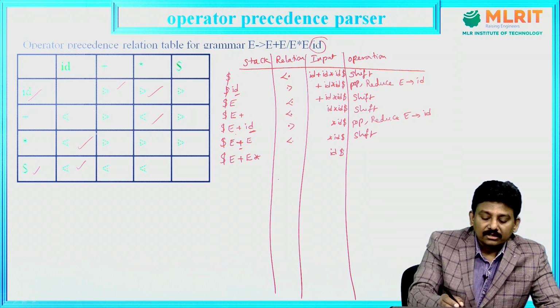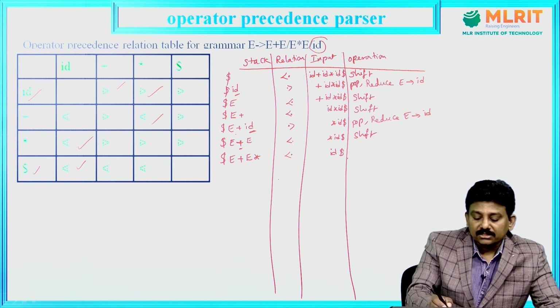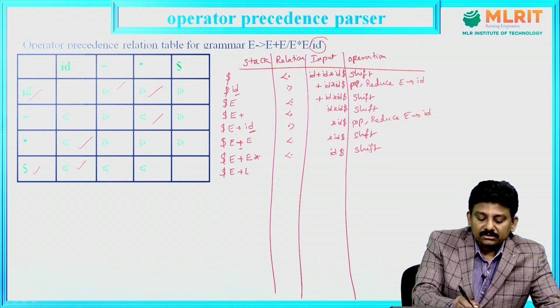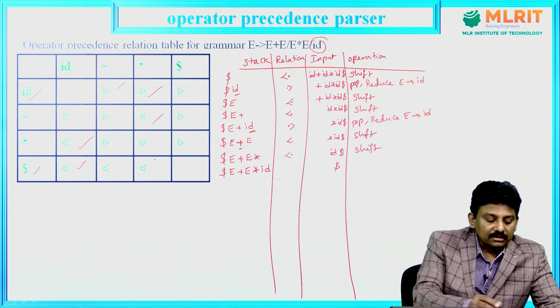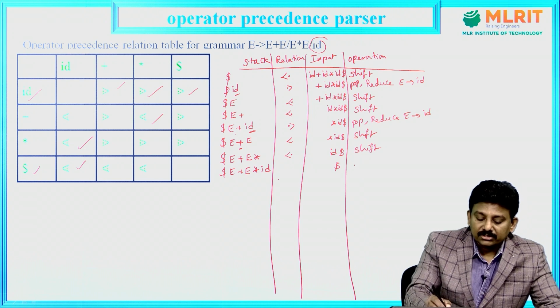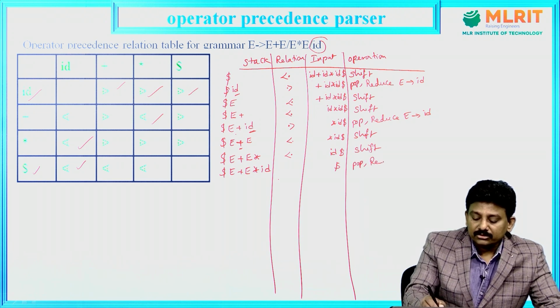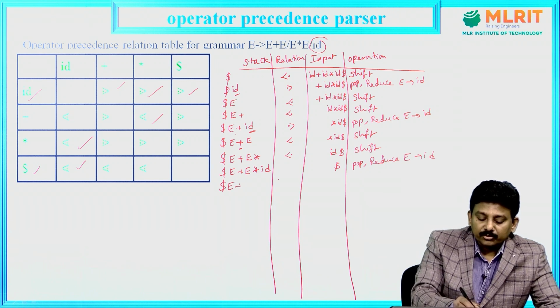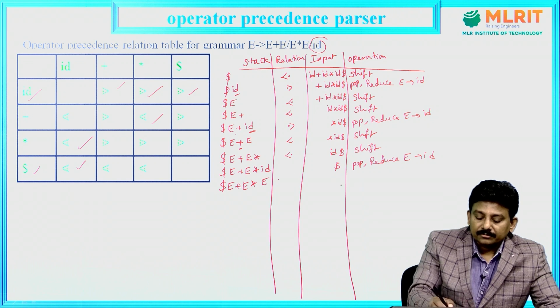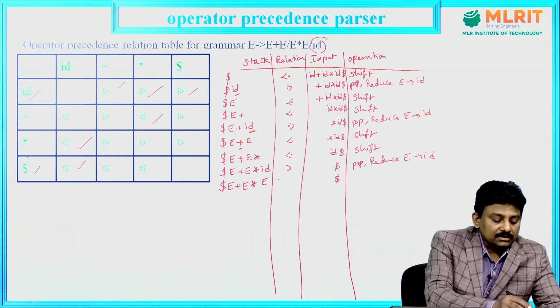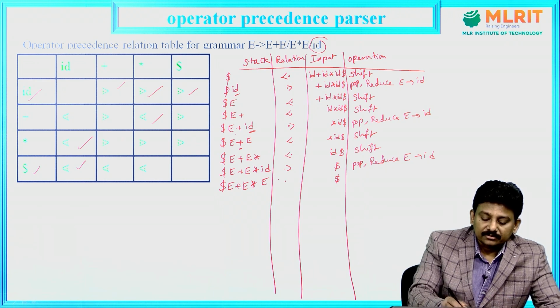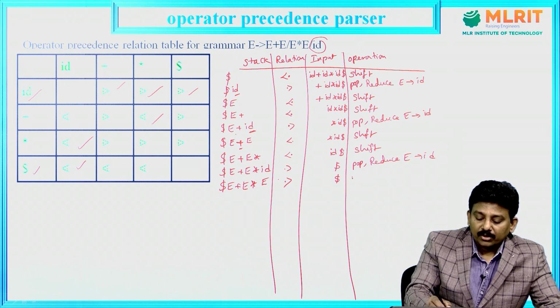Star and identifier: star has less precedence than ID, so shift. Then with dollar as input, ID has more precedence, so pop and reduce, because ID is a handle: E derives ID, giving dollar E plus E star E. Star and dollar: star has more precedence, so pop.